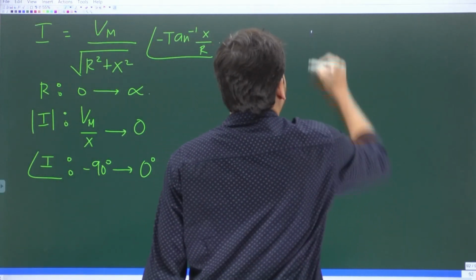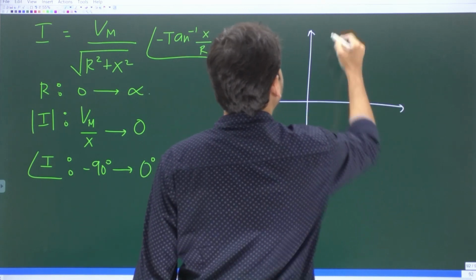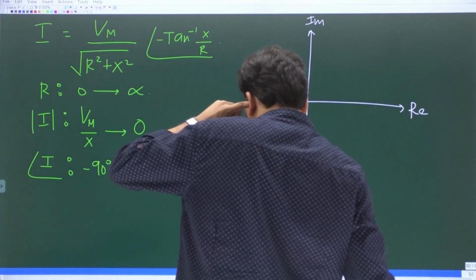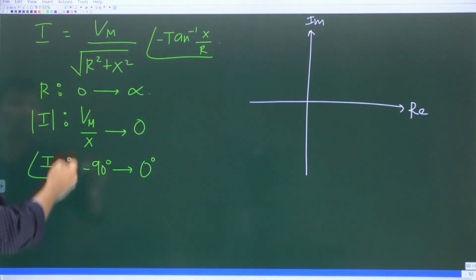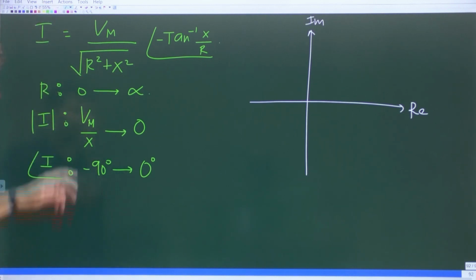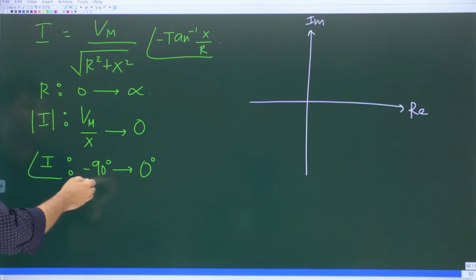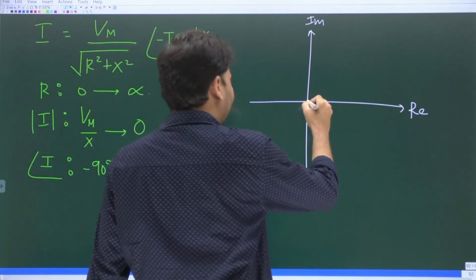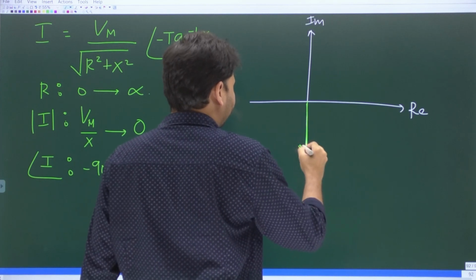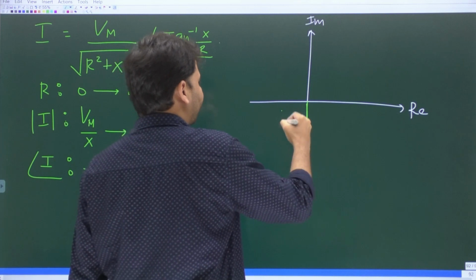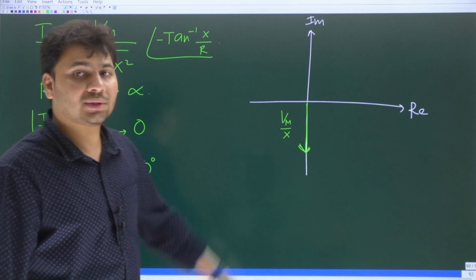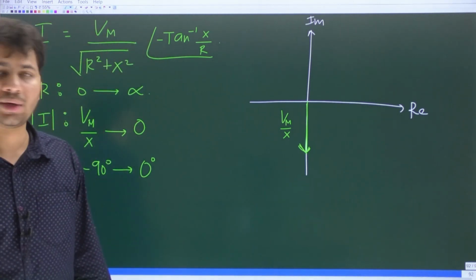Look at this. So once again, this is the positive imaginary axis. This one is the positive real axis. Initially when r is 0, the phasor will have maximum length. And what is that maximum length? Vm by x. And what is the angle? Initially minus 90 degrees. So will it not be something like this? You can say it has a length of Vm by x, and it is aligned with the negative imaginary axis.